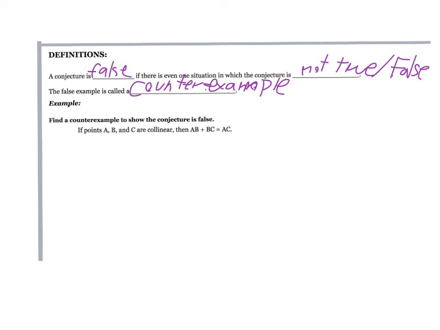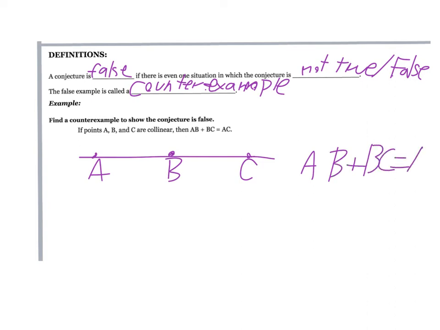Okay, so the idea being that if points A, B, and C occupy the same line, they're collinear, such that AB plus BC is equal to AC, yeah? And that is true, but there's at least one counterexample.